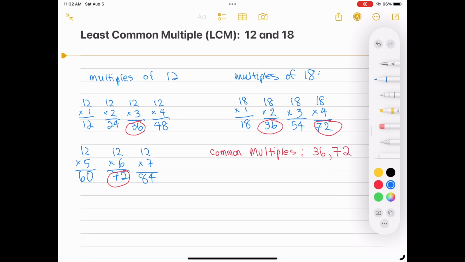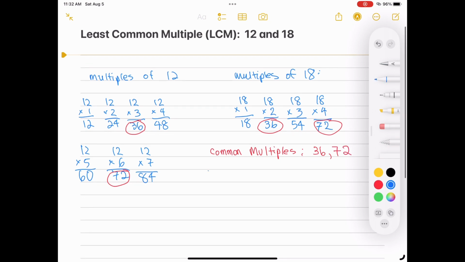And here we can see that 36 is a common multiple, as is 72. The lowest common multiple, or least common multiple, of 12 and 18 is 36.